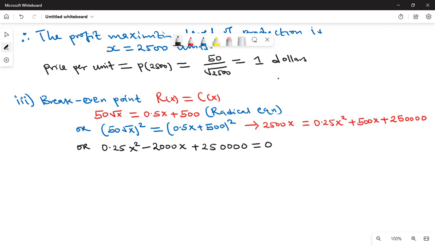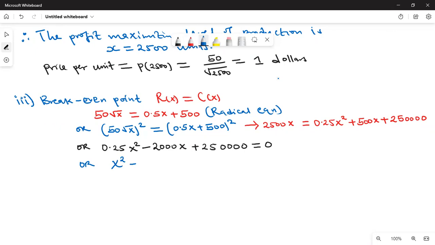Let me make the coefficient of x squared to be 1. So I'm going to divide the entire equation by 0.25. This is a quadratic equation. So we are going to get x squared minus, let's take 2000 divided by 0.25.